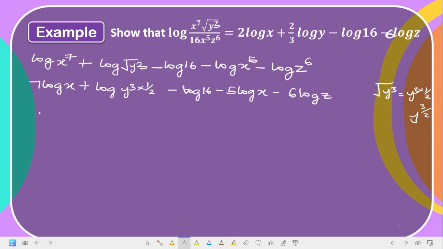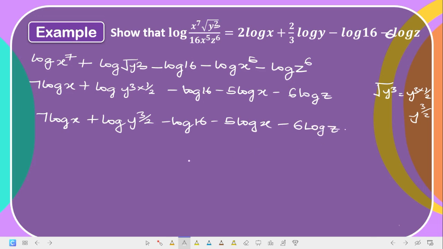So this will give us 7 log x plus 3 times log y to the power of 3 over 2 minus log 16 minus 5 log x minus 6 log z.